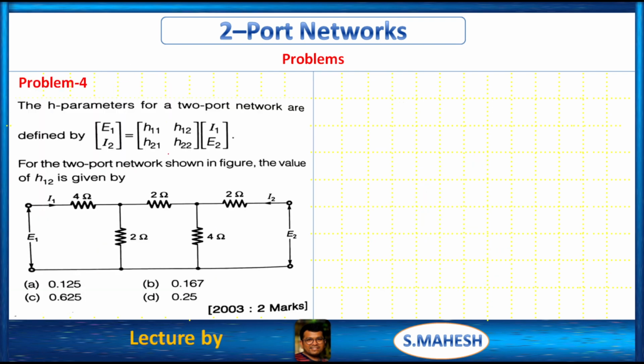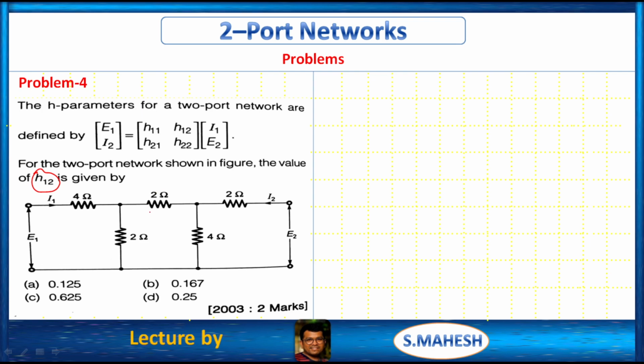Next question: the H parameters for a two-port network are defined like this. For the two-port network shown in the figure, we can calculate the value of H12. Here I am providing the solution using the Z parameter representation.